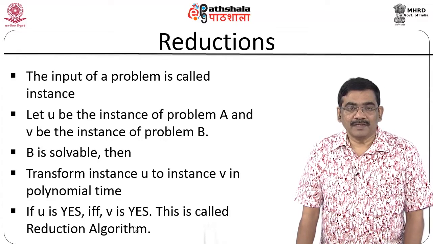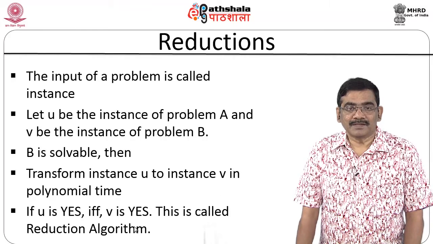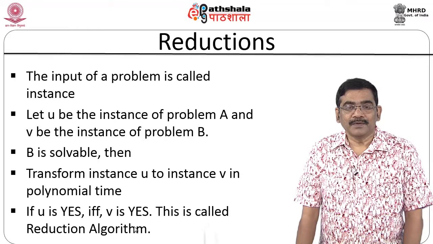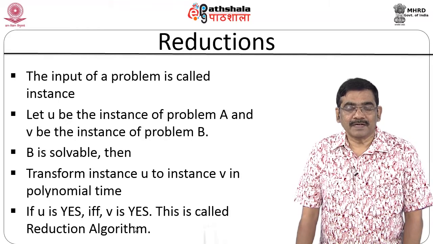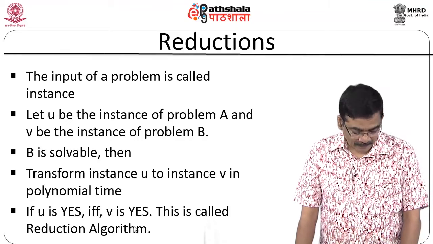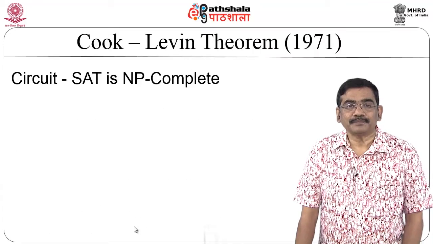On the other hand, if problem A is solvable in polynomial time, and it can be reduced to another problem B in polynomial time, then B also becomes an easy problem that can be solved in polynomial time. So, using this sort of reduction, we can give proofs for various problems.